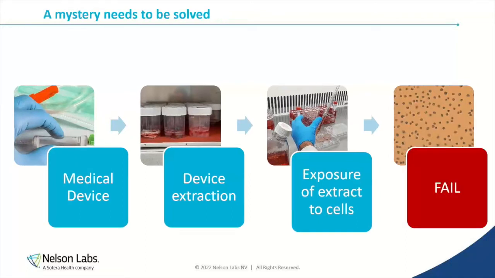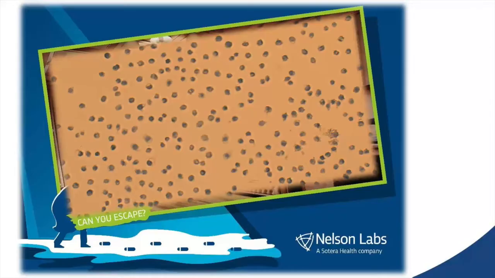But sometimes, or more often than we would like, we do the device extraction, expose the extract to the cells, but all of a sudden we see a failure. That means that cells are dying, are not happy with the content. That is a mystery, or that's the burden, and we want to turn this into a mystery to solve today. Think about these black dots. That's your escape room for today.